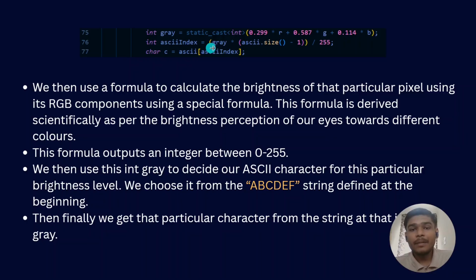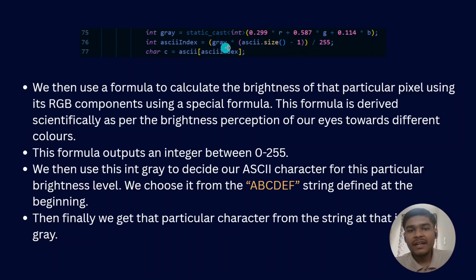So here we multiply gray with ASCII size minus 1. Why ASCII size minus 1? Because indexing begins from 0, we need an address less than the total size of the array. And this gray, this brightness parameter, has a value between 0 and 255, and we need to get it somewhere within this size.